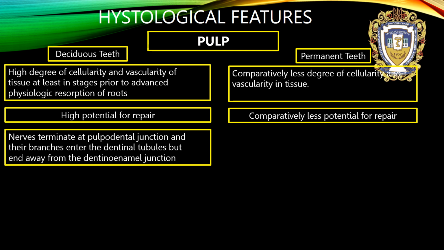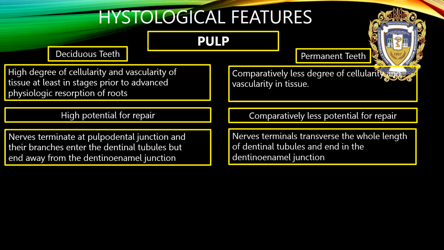Nerves terminate at the pulpodental junction and their branches enter the dentinal tubules but end away from the dentino-enamel junction. Instead, in permanent teeth, nerve terminals traverse the whole length of dentinal tubules and end in the dentino-enamel junction.